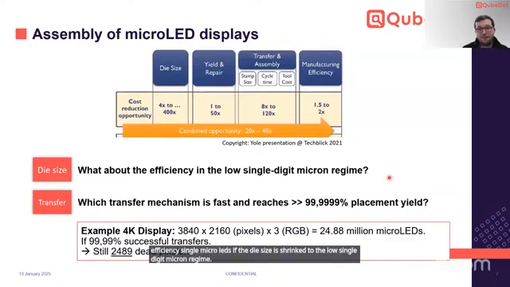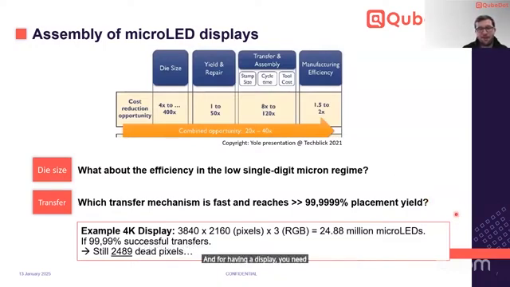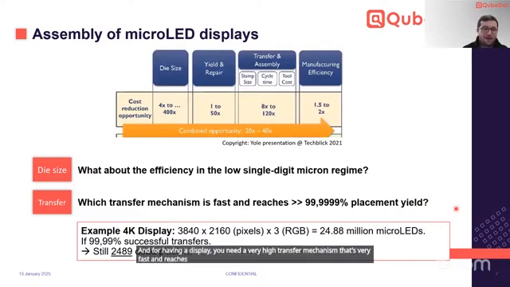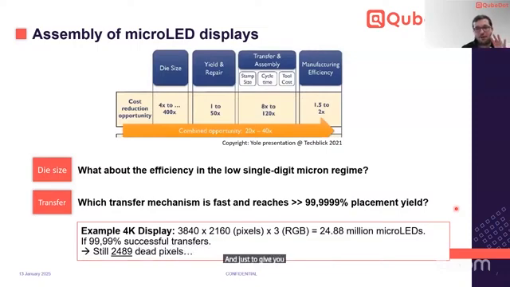And for having a display, you need a very high transfer mechanism that's very fast and reaches, for example, a yield of 99.9999.